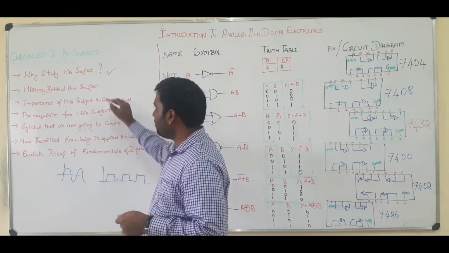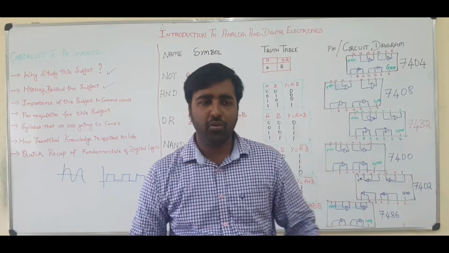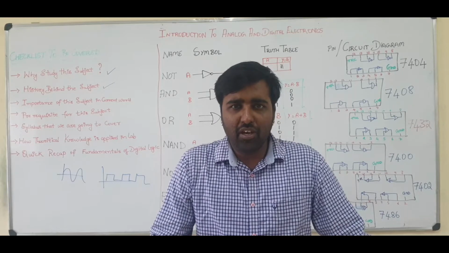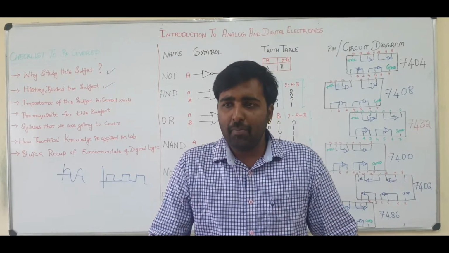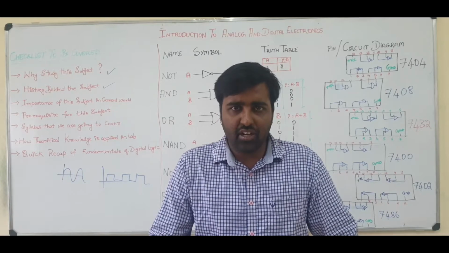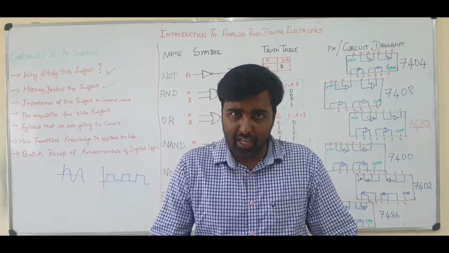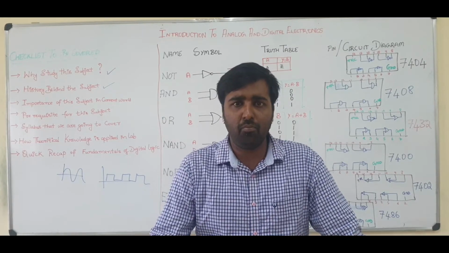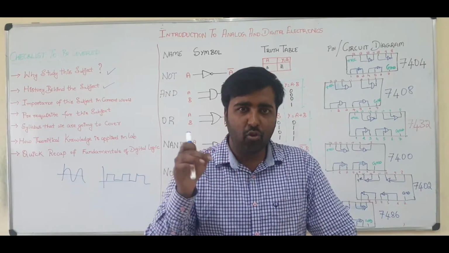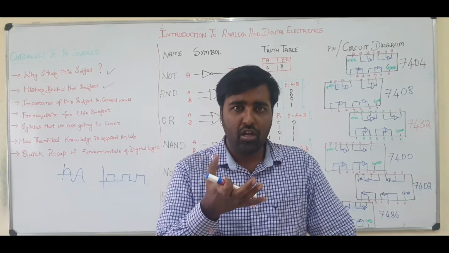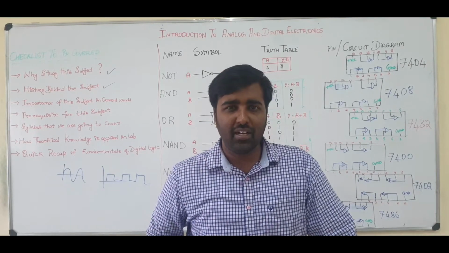Next we need to know the history behind this subject. Coming to the history, I will not go into exactly which year and where it all started. Basically, your computer is an electronic device. Within a computer there is the motherboard, which is the main unit. That motherboard consists of n number of circuits placed on it. So who is responsible for the digital design of those circuits?